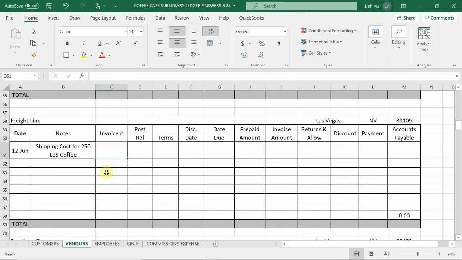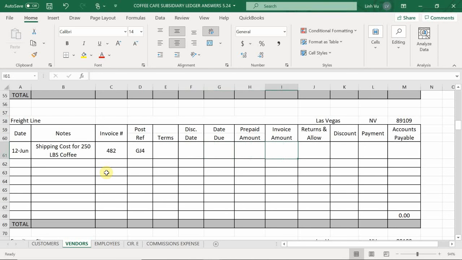Okay? Invoice number, which was 482. Okay? Post reference, still on General Journal 4. Now, in this case, you can't get a discount on shipping costs or anything like that. So, this whole section I'm going to skip on over, right?